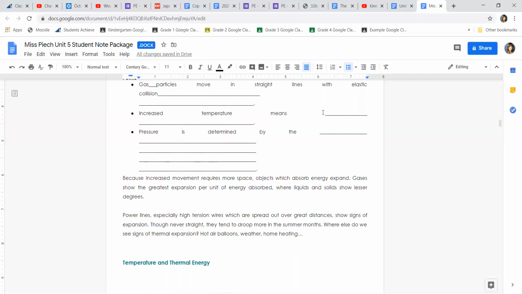And then increased temperature means that it's going to increase the speed of the molecules. And pressure is determined by the number of collisions that molecules have with the sides of the container.